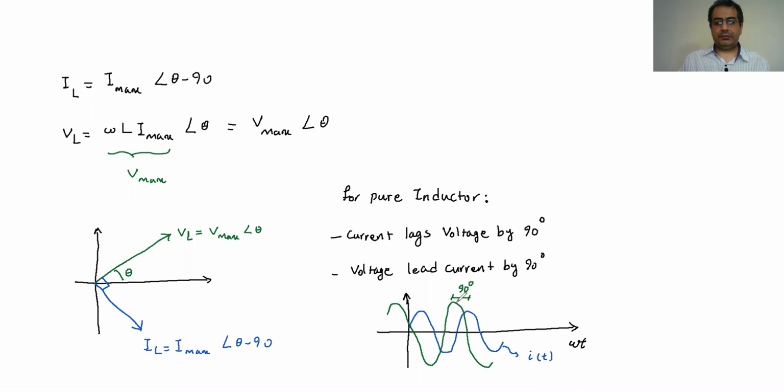So we can see it in the peak. The voltage reached the peaks and the current reached the peaks 90 degrees later. So they are not on top of each other. There is some lag between when the voltage reaches the peak or the minimum value here, and 90 degrees later the current does the same thing.